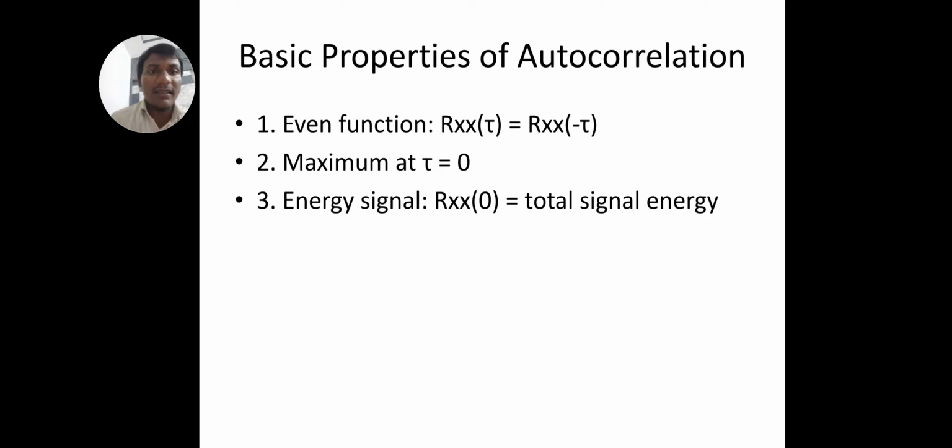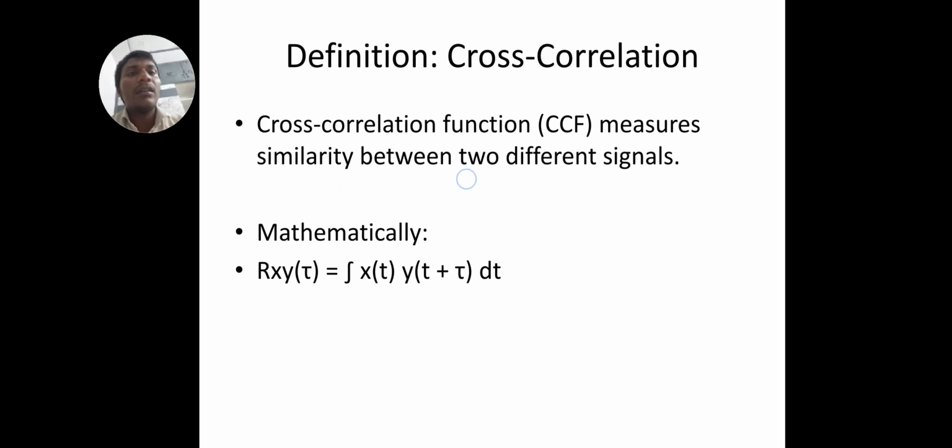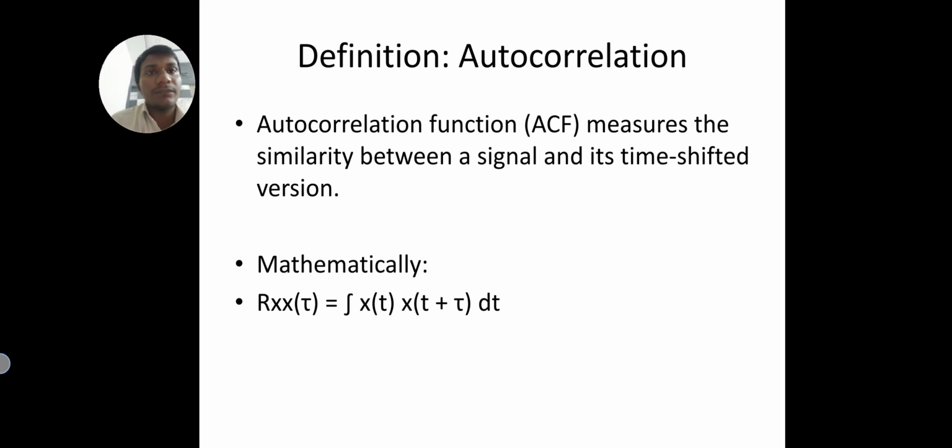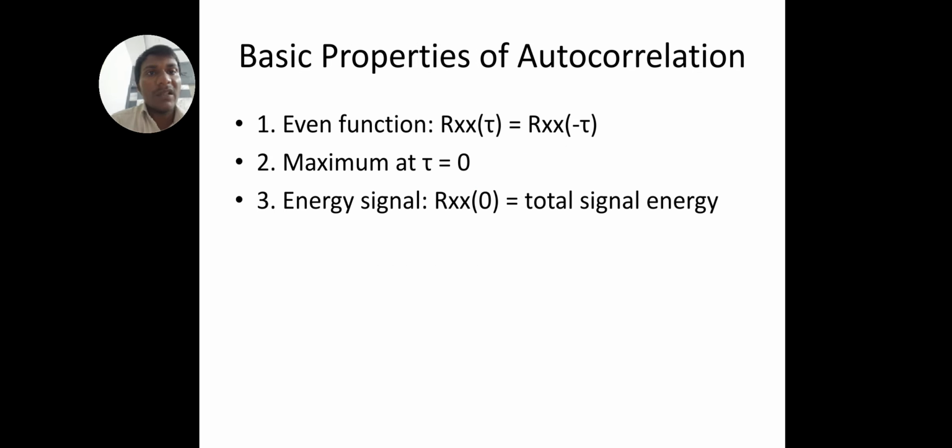Energy of the signal is Rxx of 0, the total signal energy. We saw that the maximum value of autocorrelation lies at t equal to 0, and the total signal energy also lies at the origin.